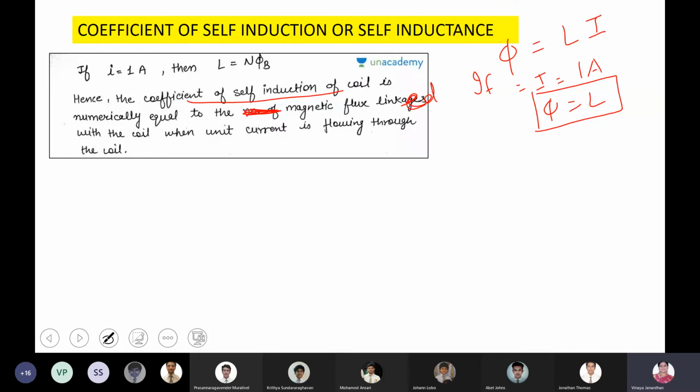Please write, boys. Write phi is equal to L into I. If I is equal to 1 ampere, phi becomes equal to L, and then start defining. Write this formula, then put the condition, and then you define.